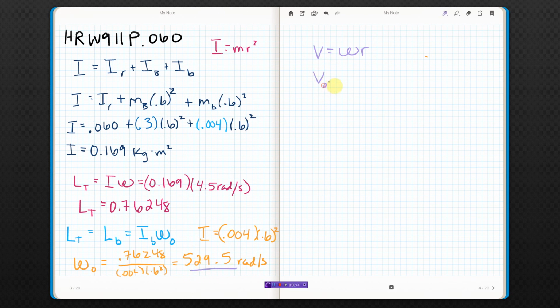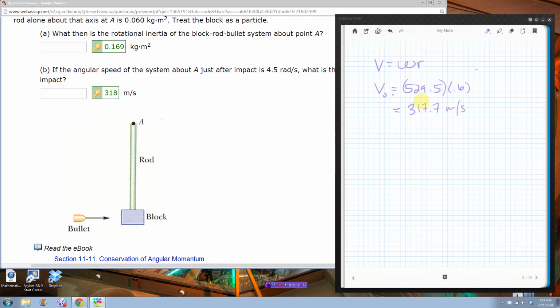That means my initial linear velocity of the bullet is going to be 529.5 radians per second times the radius, which was 0.6. If I do that, I get 317.7 meters per second, as long as everything was in radians and seconds. And we'll check. They rounded up to 318. That's good, and that's the answer.